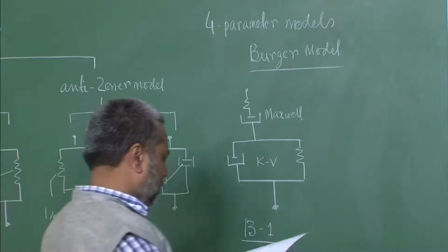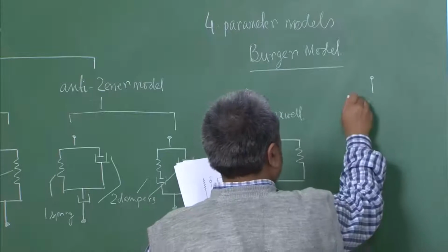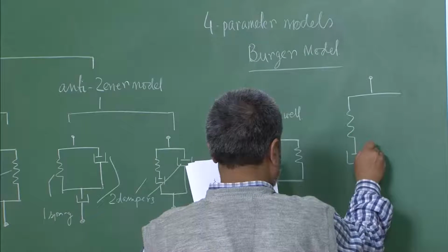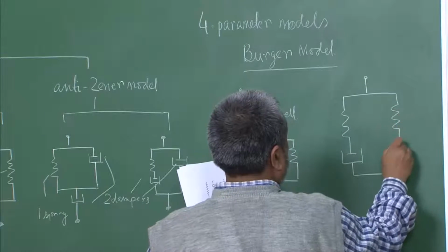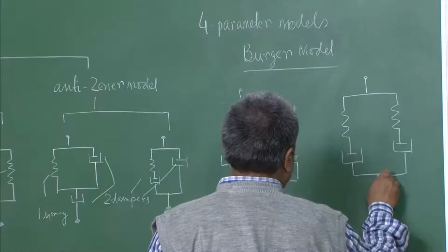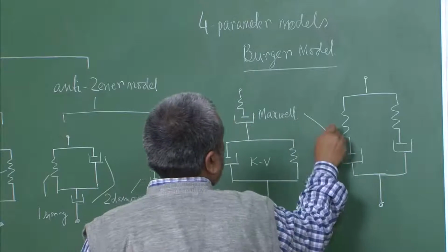The second Burger model would look like that, means you have 2 Maxwell models in parallel, both are Maxwell here.